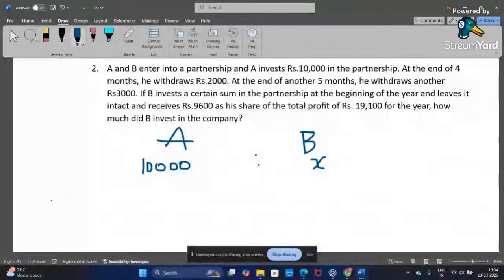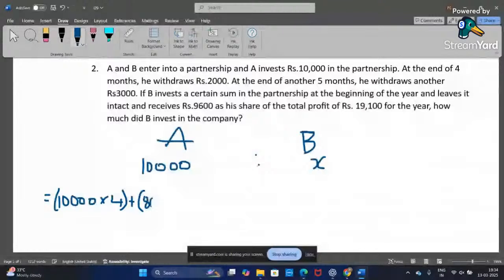So all we need to write here: 10,000 was invested only for 4 months. After 4 months, he has taken 2,000. How much was the remainder? It was 8,000, right?